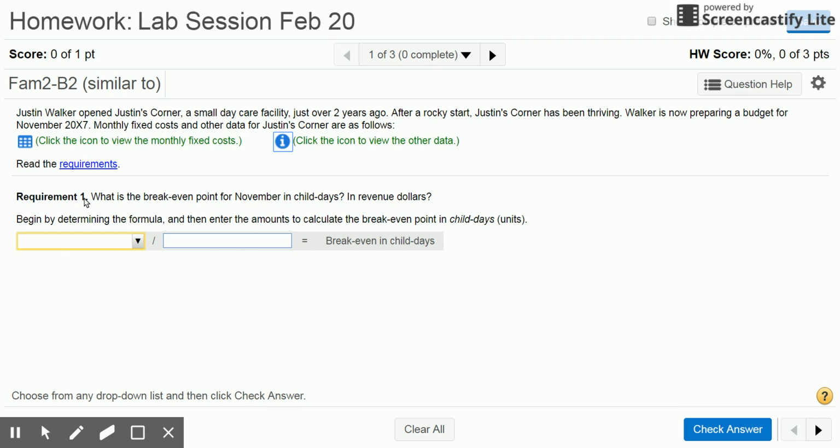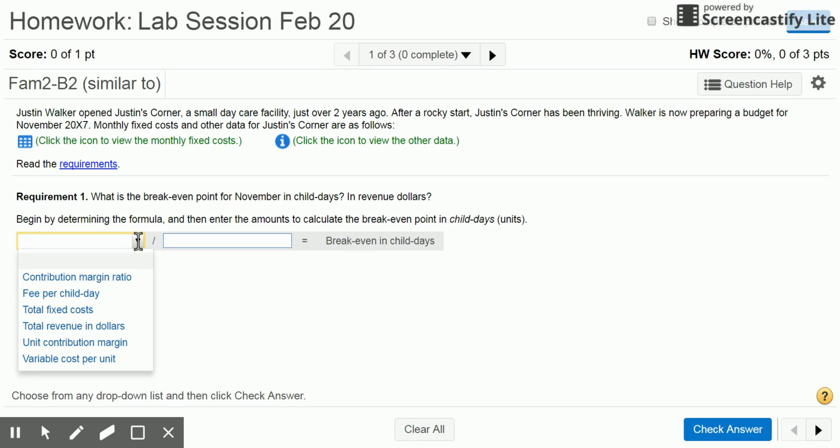Over here, the first requirement of the question is what's the break-even point for the November in child days and in revenue dollars. First, we have to determine the formula for break-even in child days.